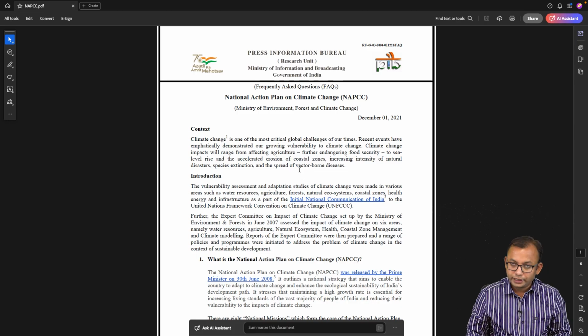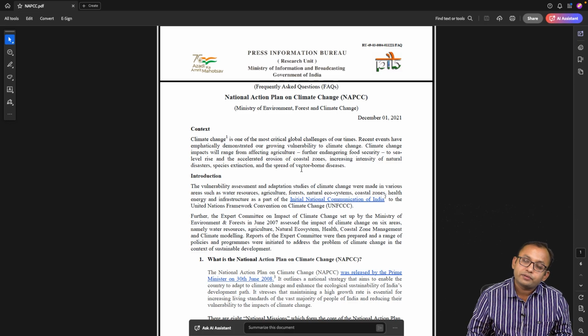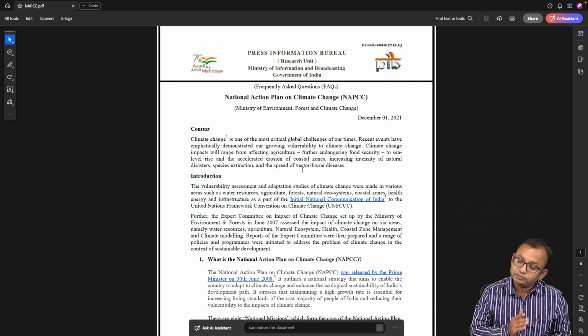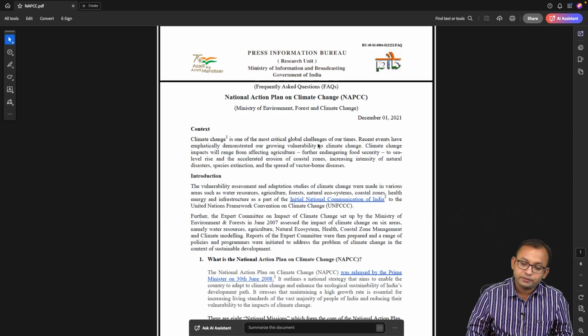So, this was the context where we started, because we had already seen so many vulnerabilities and risks from climate change since before that, but we started realizing it, and we set up that particular kind of policy or plan to work towards improving the negative consequences of the climate extremes across the Indian region.